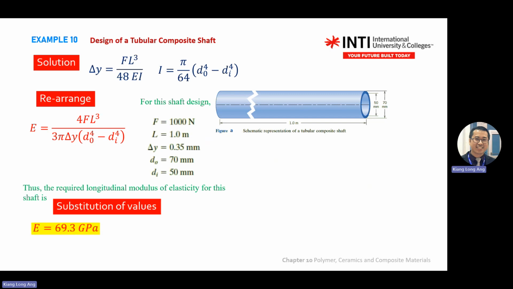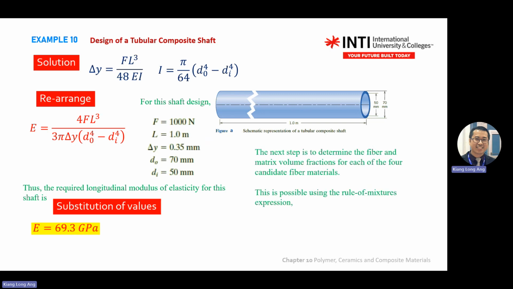Okay, you'll find one value there. Because the question gives you the delta Y, this one. The customer says it can only bend this much at maximum. So you calculate, put inside these 2 equations, rearrange, and you get the E target of the project. That is what we want to achieve.